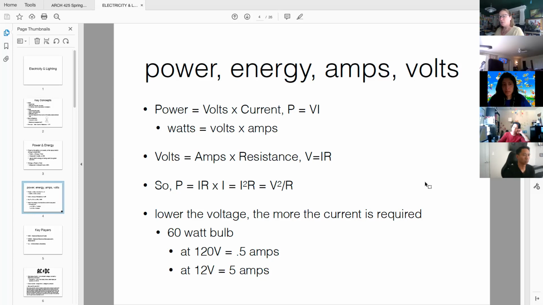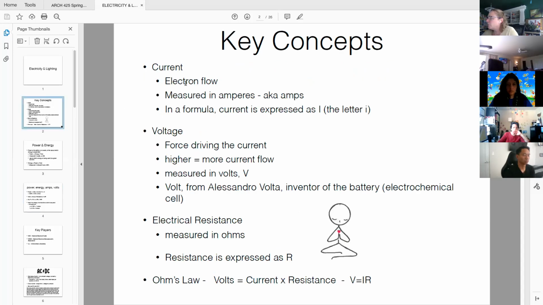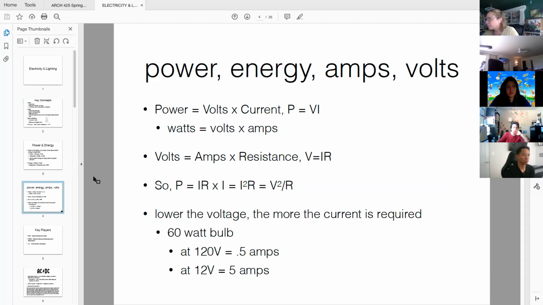In order to calculate what our watts are, that's going to be based on the volts times the amps. So your amps times your voltage will equal your watts. That's your instantaneous point of measurement of a total amount of theoretical possible electricity.